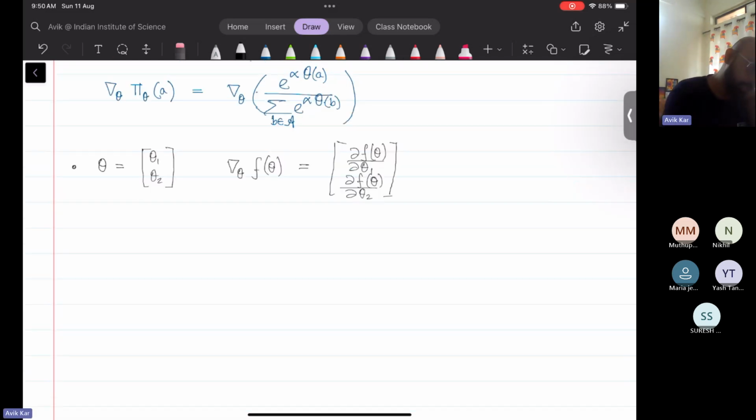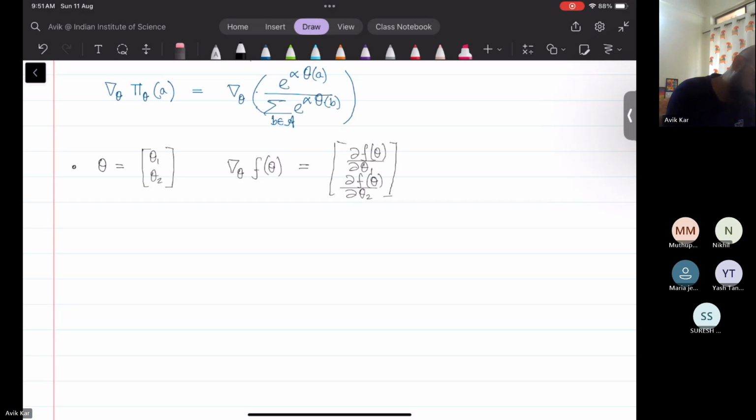So here, this gradient will have a component corresponding to term A, and a component corresponding to not A. These two possible cases are there, and let us do these two derivatives separately.